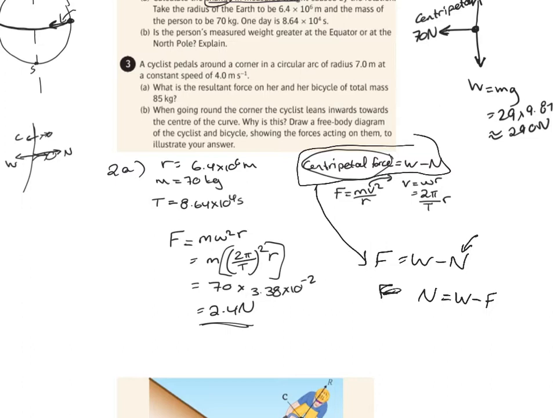The normal contact force is what will be giving me the reading on the scale, and that will be N is equal to the weight, which is 70 times 9.81, minus the 2.4, so by how much less it will be. And you should get something smaller than, obviously, 700 newtons, if you were asked that question.